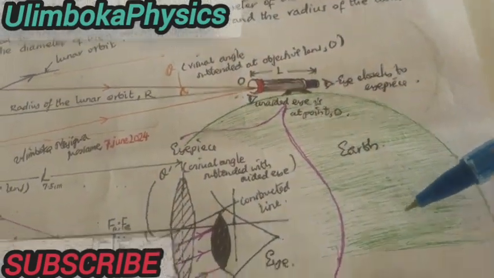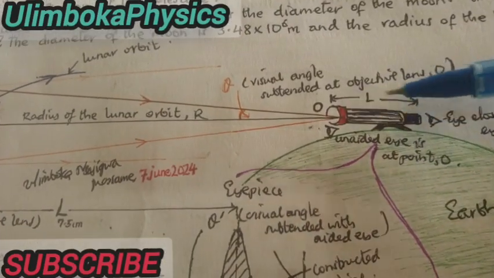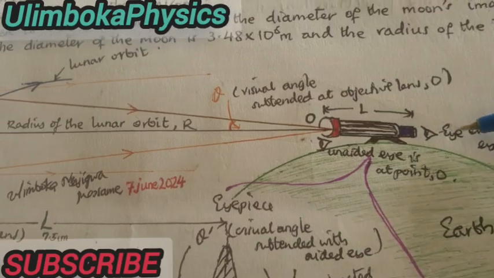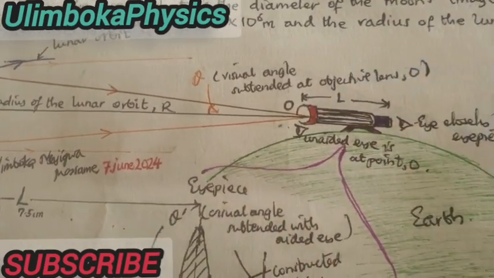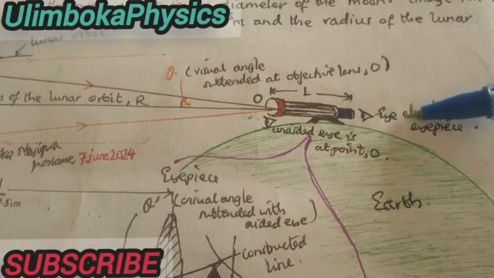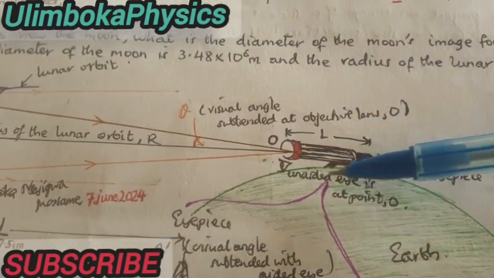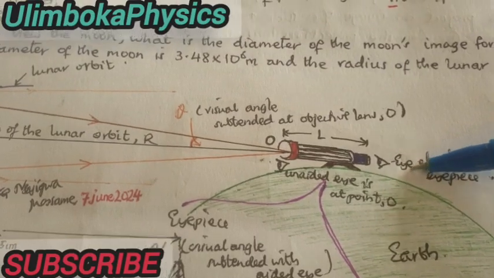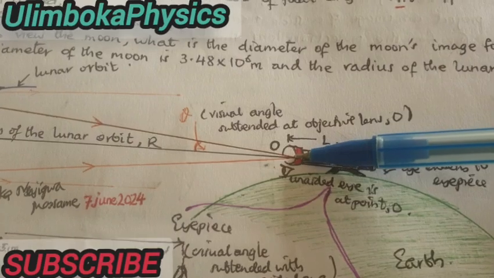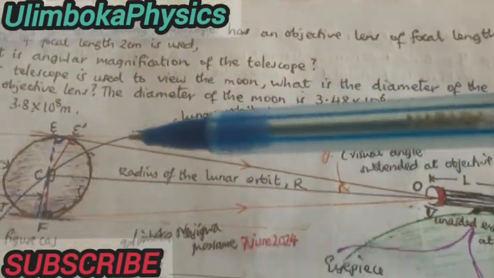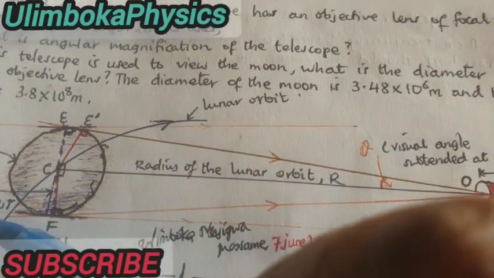This is your Earth, and this is your telescope on the surface. It has a lens L, this is the eyepiece, and this is the objective lens. This place is where the eye is close to the eyepiece, for the case of aided eyes, and for unaided eyes the eye is at this point O. This is our moon, and these are parallel rays of light.